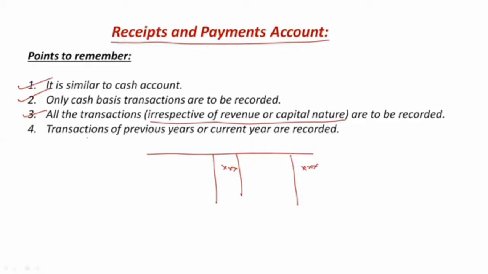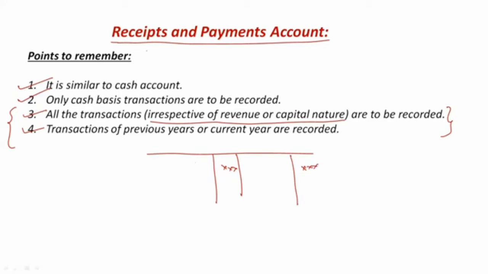Then, transactions of previous years or current years are recorded. It's not compulsory that only current year transactions should be taken here. Any transaction relating to the previous year, or maybe the upcoming year, will be recorded in the receipts and payments account. Currently you may not understand the importance of the third and fourth points, but when you prepare the income and expenditure account, you will understand the difference better.